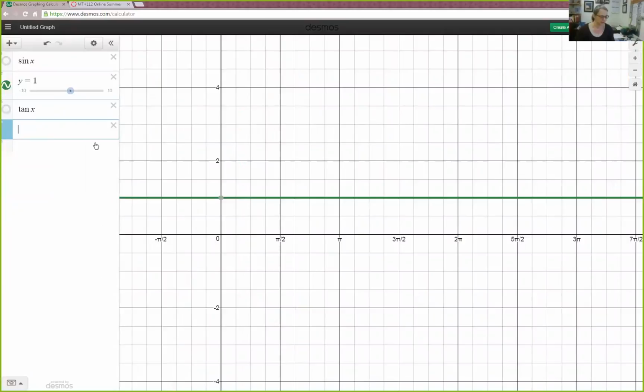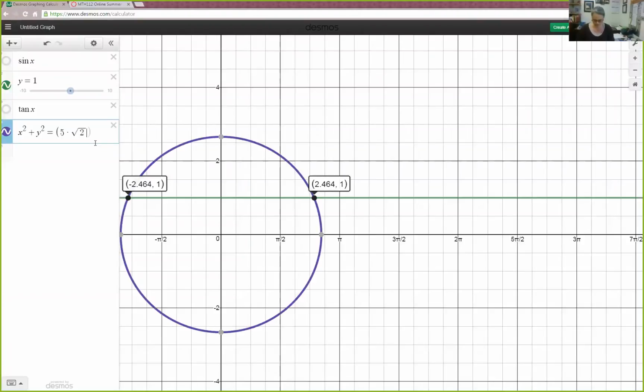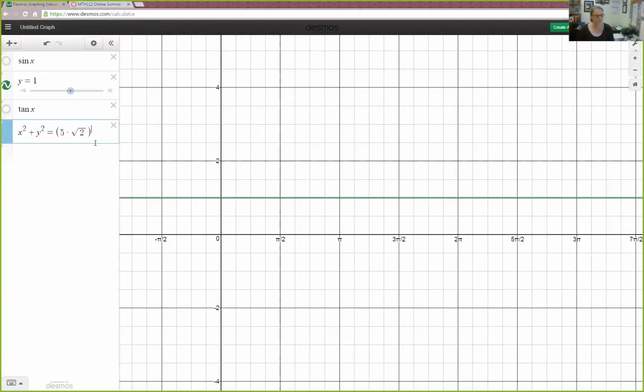Let's put our circle on. My circle is x squared plus y squared equals, we said 50, but if you want to check yourself, you can put in 5 times the square root of 2, close your parentheses and square that.